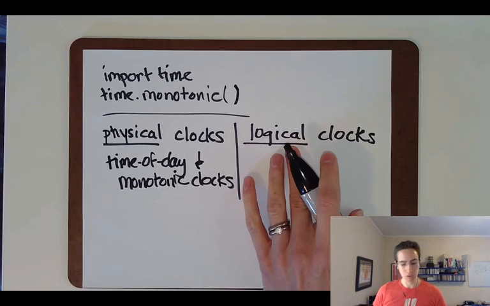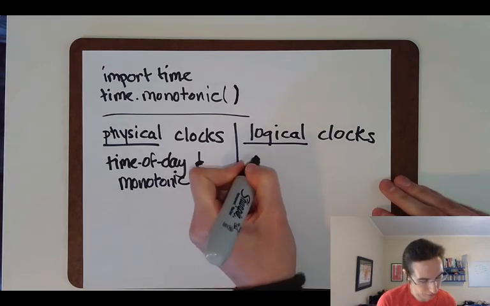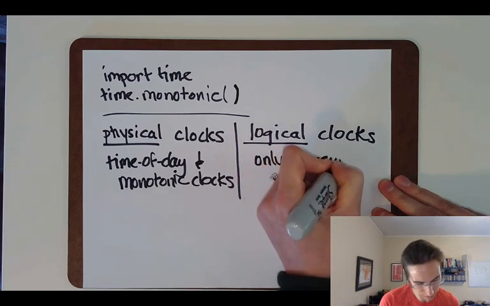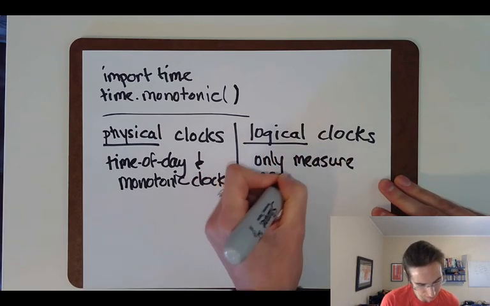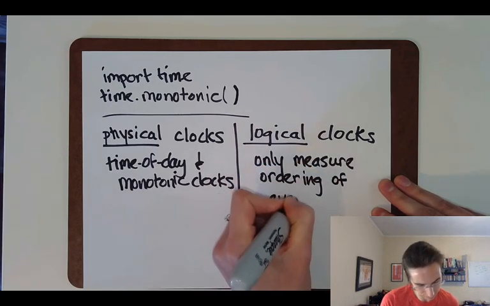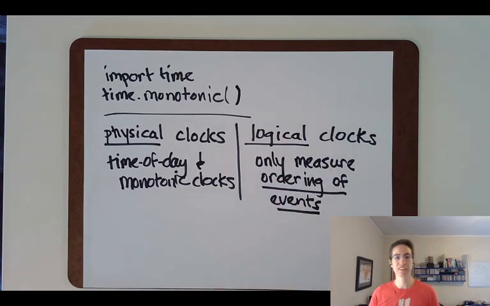Logical clocks don't do the same thing that the clocks we've just talked about do. They don't measure time of day, and they don't measure elapsed time. Instead, they only measure the ordering of events. We'll discuss this idea a whole lot this quarter.